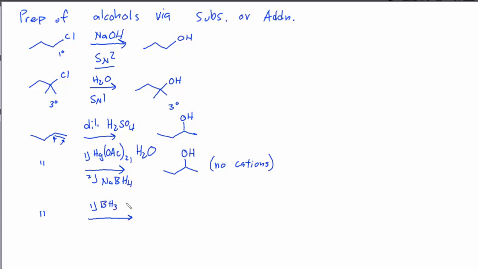If you were in my class for first semester, you'll remember that that's one of my favorite reactions. That's the hydroboration oxidation reaction, and this does anti-Markovnikov addition of water. So we end up with the primary alcohol instead of the secondary alcohol like we had on the first two examples. And you should be able to show us the mechanism of this reaction as well.